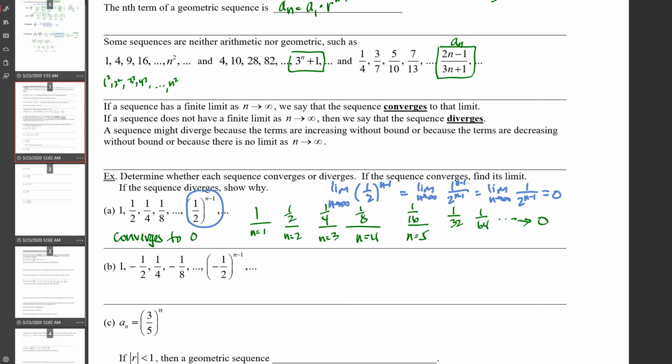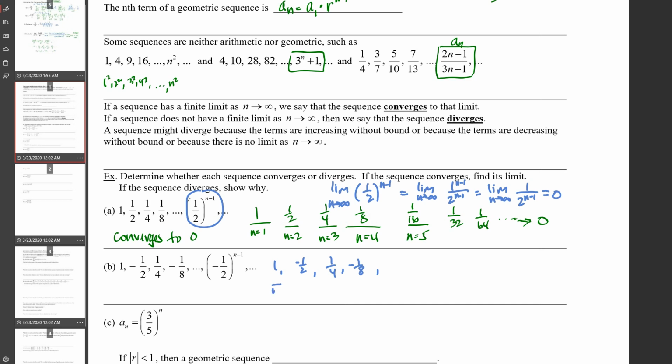On your guided notes, letter B has this sequence 1, negative 1/2, 1/4, negative 1/8, and so on. And so let's think about what this is approaching, if it's approaching anything, if it's converging to anything. So I have 1, negative 1/2, then 1/4, then negative 1/8, and I could keep on going with this.